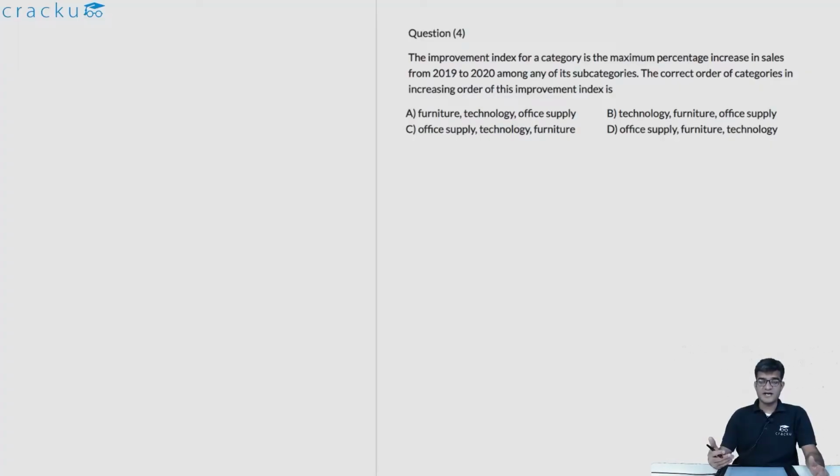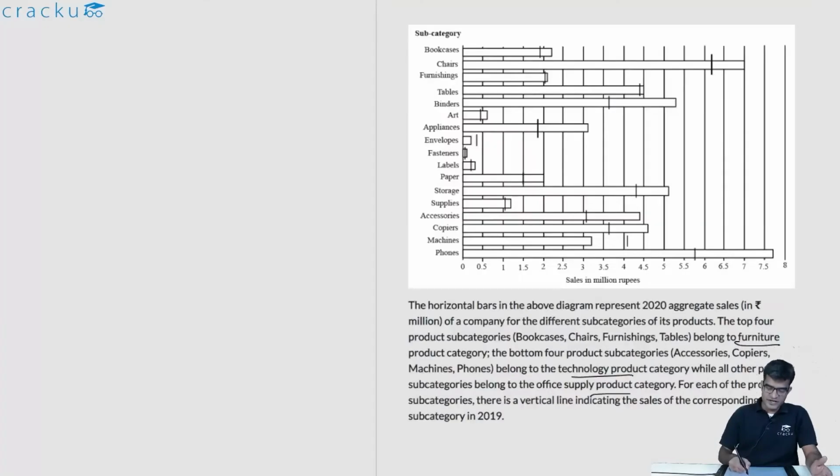So before you answer these kinds of questions, you have to make this kind of decision. Otherwise, if you note down the numbers for all 17 of them, in many cases that is not needed. For example, in the first 3 questions, that is not needed for most of the subcategories. But the 4th question needs it for all the 17 ones. So anyway, let us go ahead and note down the numbers for the 17 subcategories in 2019 and 2020.